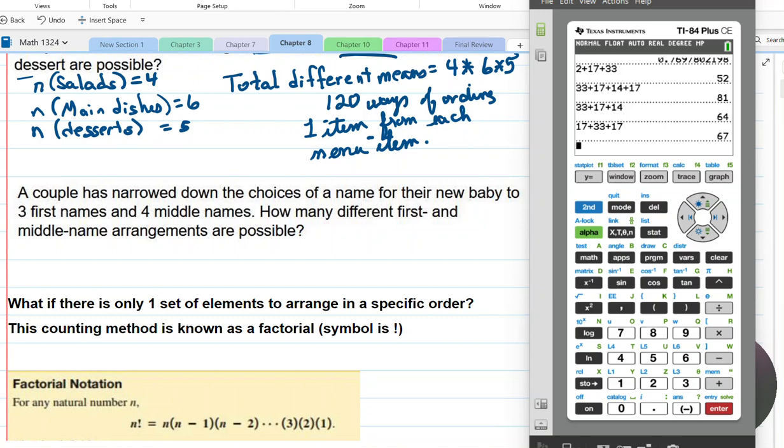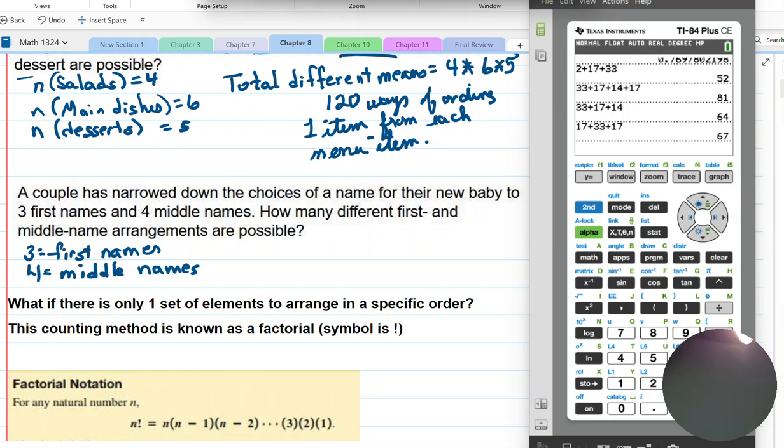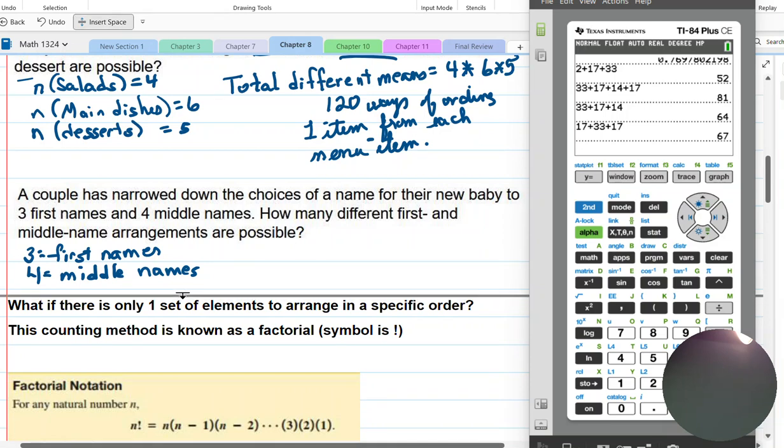On this next example, it says a couple has narrowed down the choice of a name for their baby to 3 first names and 4 middle names. All right. So let me make some room here. It's kind of cramped.